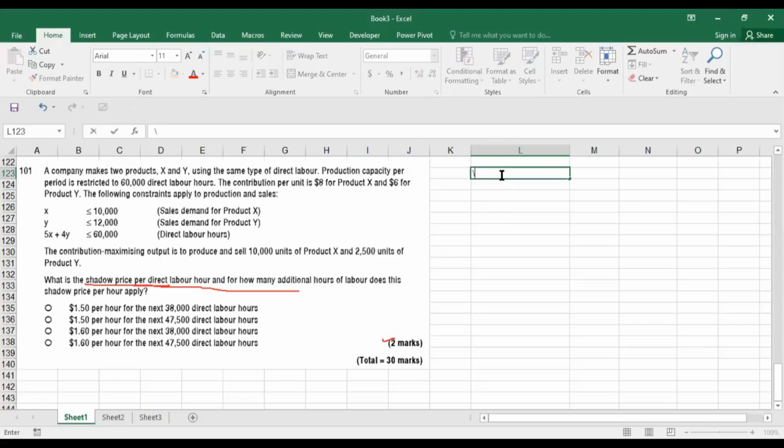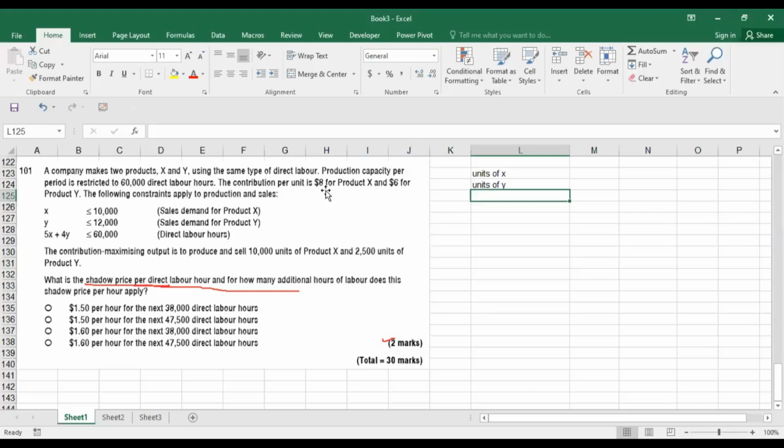You were selling units of X and units of Y, because they told you that production capacity per period is restricted to 60,000 direct labor hours.